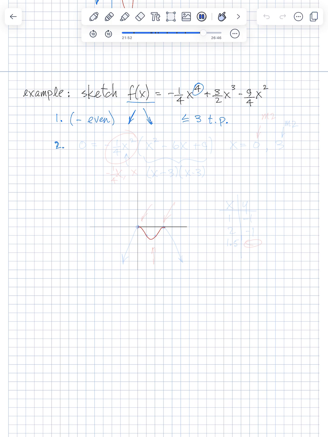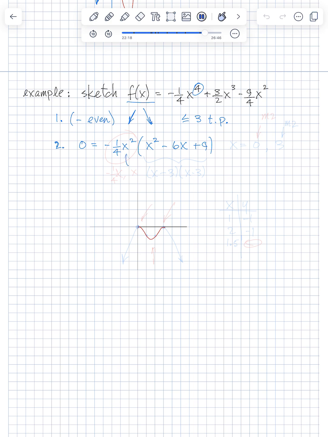Okay, next thing we do, we try to factor this or make it a little simpler. So let's factor out a negative, set it equal to 0. We're going to factor out a -1/4 x squared out of this. So this is going to be x squared minus 6x plus 9. And that looks pretty factorable.